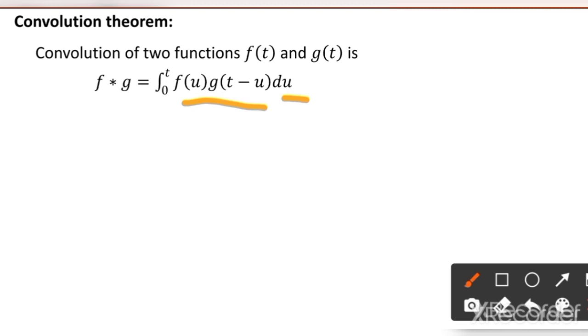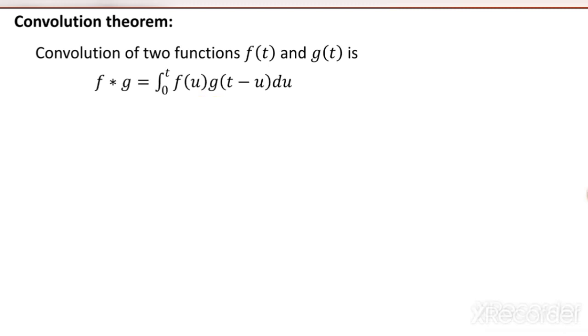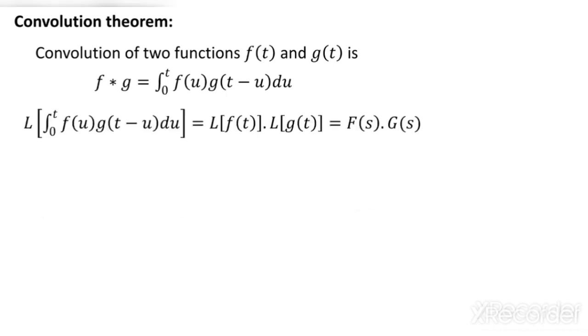So what is the convolution we got? The convolution product is nothing but the integral in this format. Now what is the Laplace transform of this convolution product? That is L of f star g, which I can define by the convolution theorem. The convolution theorem says the Laplace transform of the convolution product is the product of the Laplace transforms.